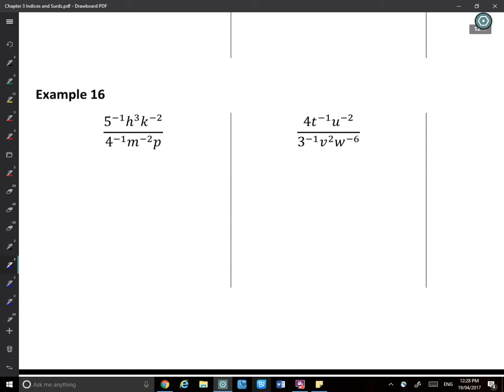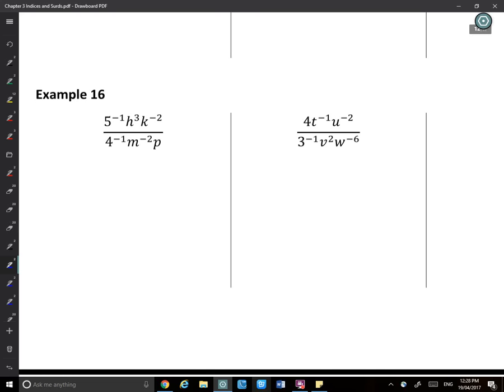What I'm trying to do is make all positive indices. They're all negative indices, right? I don't want negative, I want positive. There's a quick way to do it.